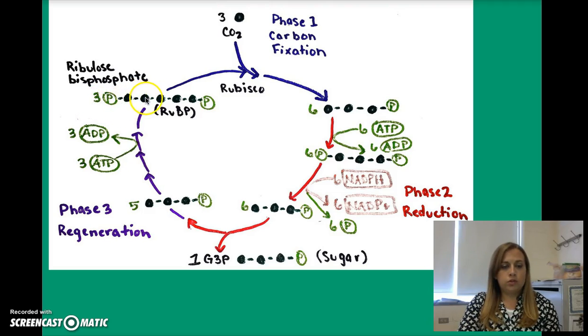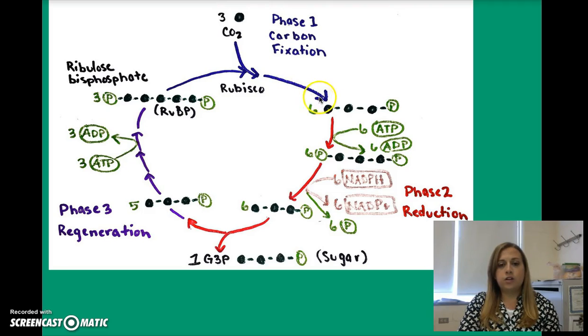So 1, 2, 3, 4, 5. Total you are looking at 15 carbons, because you have 3 of these molecules and each of them has 5 carbons. Then RuBisCO is going to fix 3 carbon dioxides. So you're adding 3 carbons to these 15 carbons. So you're going to end up with 18 total carbons, moving on to the next step.